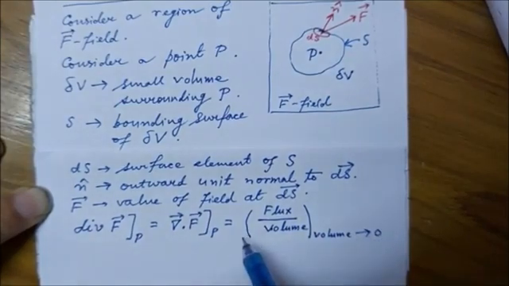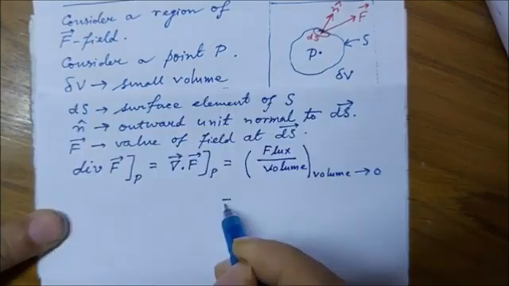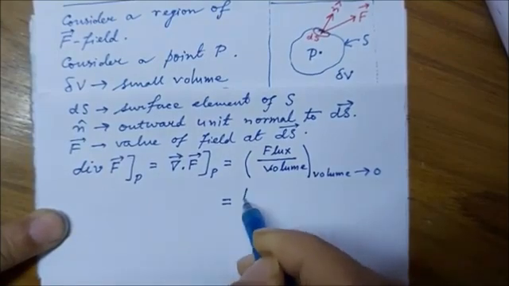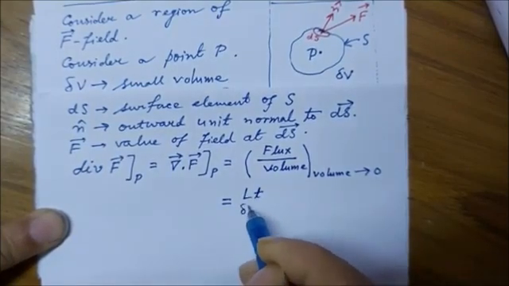This is the definition of divergence, and let us write it mathematically. Volume tends to 0, so we have to put the limit.